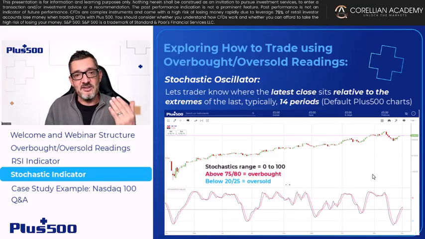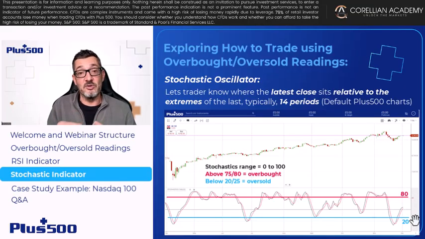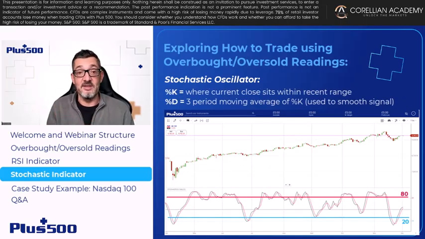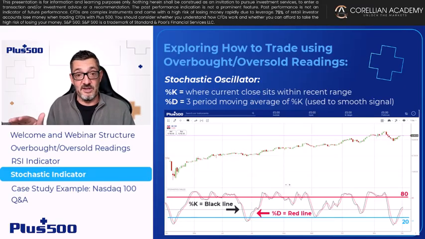Like the RSI, it moves between a range of 0 and 100. Traditionally, readings above 75 or 80 suggest potential overbought conditions, and readings below 20 to 25 suggest potential oversold conditions. The indicator itself is made up of two lines: the percentage K, which is the main stochastic value, showing where the current close sits within the recent range, and the percentage D, a 3-period moving average of the percentage K used to smooth the signal.